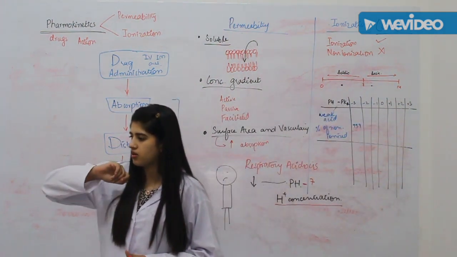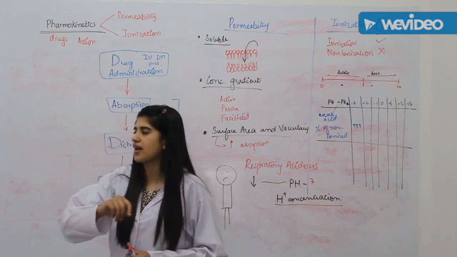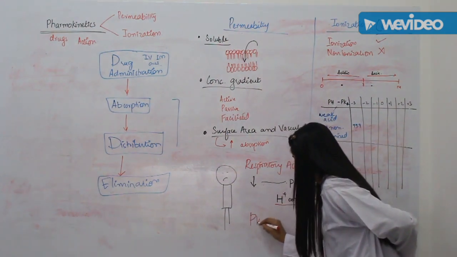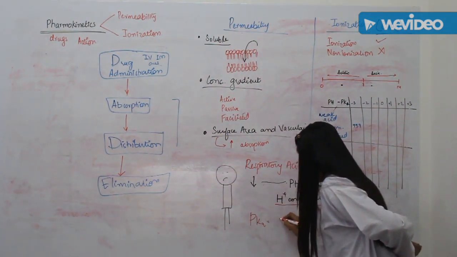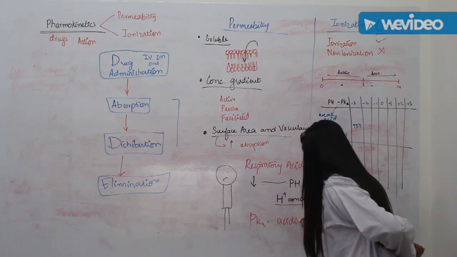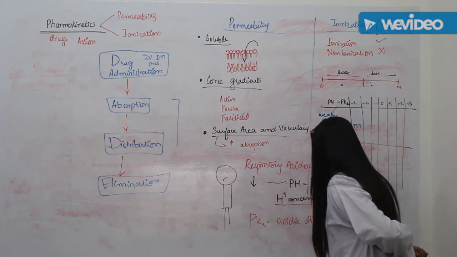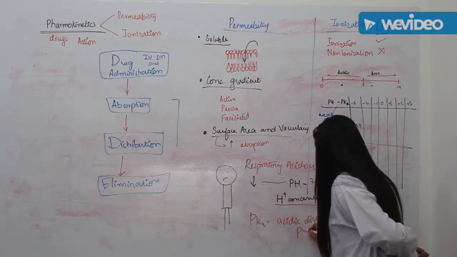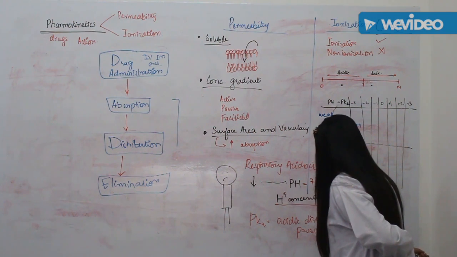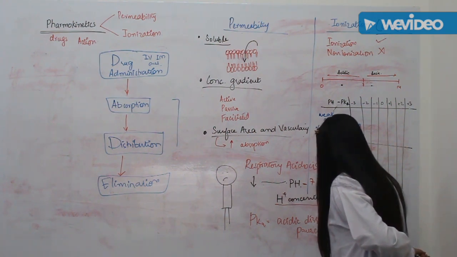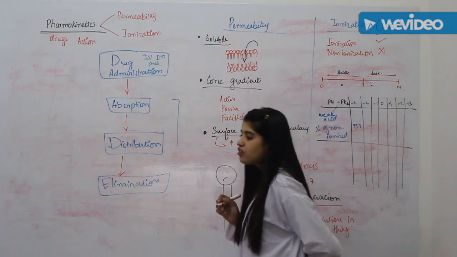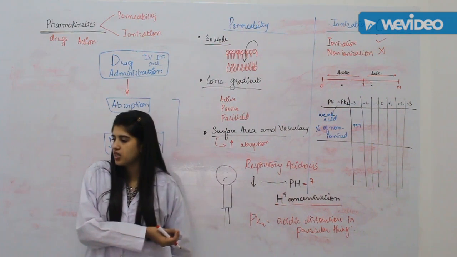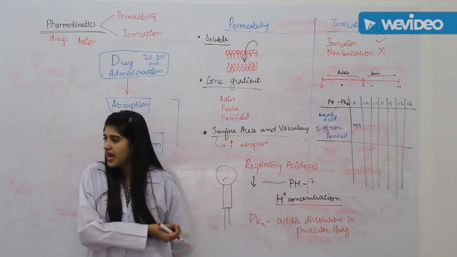I will teach you if I get the time for the biochemistry. pKa means acidic dissolution in particular, the dissolvement of the acid into that particular substance. We call that the pKa.